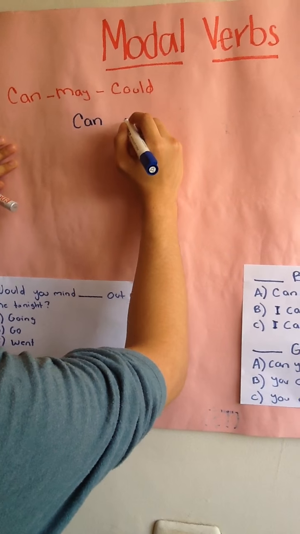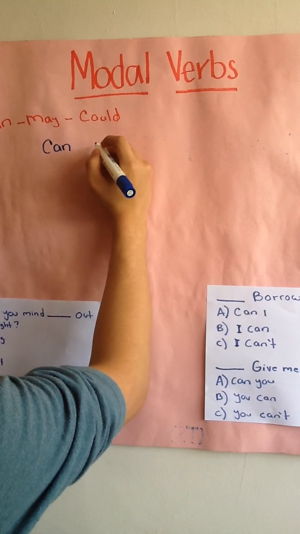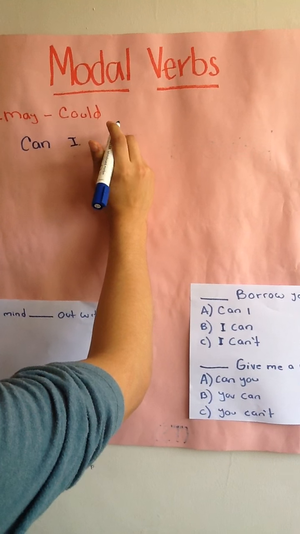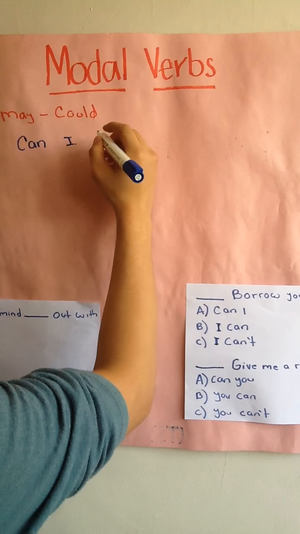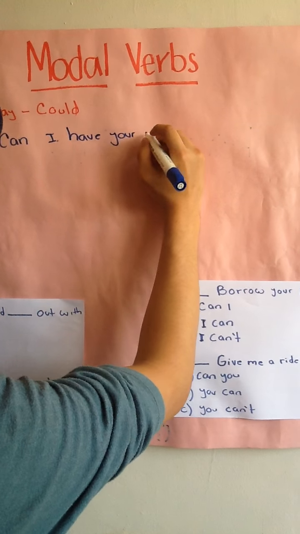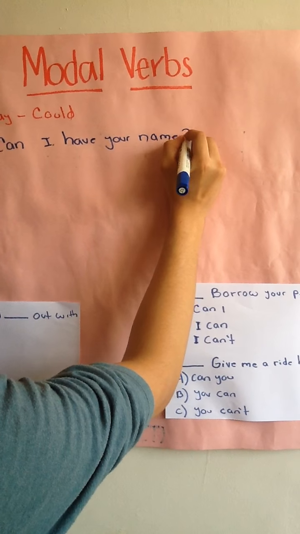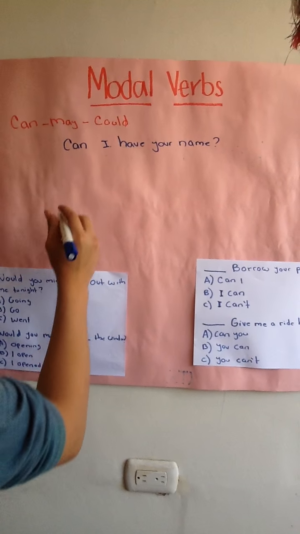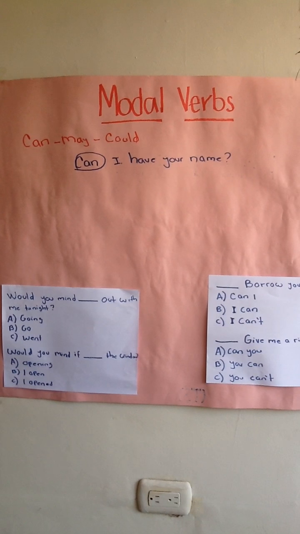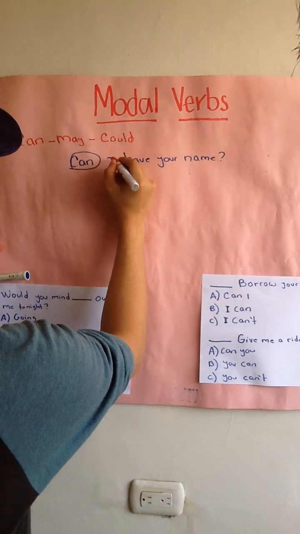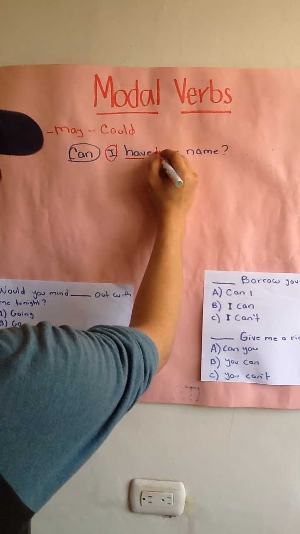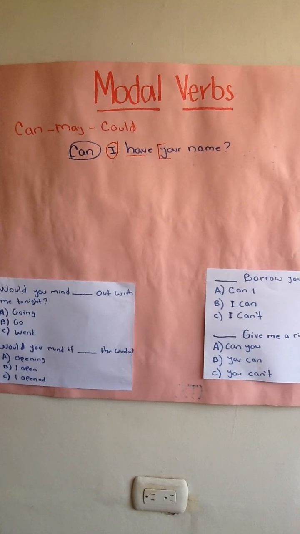Then we need to use a subject, which in this case is I, followed by a verb, and then you can complete your question.